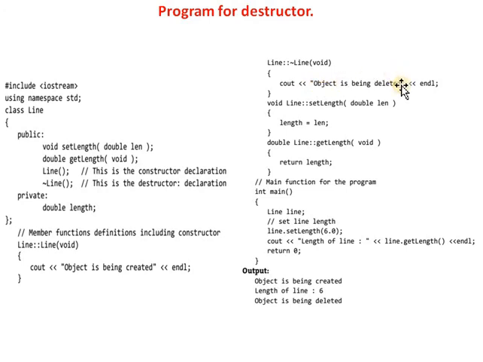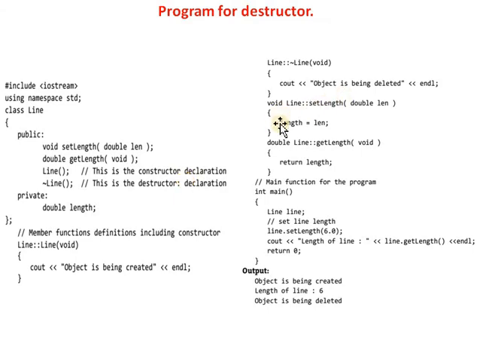Whenever the program execution is completed, that is, whenever the program terminates, the destructor function is called. So it displays the message "Object is being deleted". Next, there are two member functions in the class, setLength and getLength.